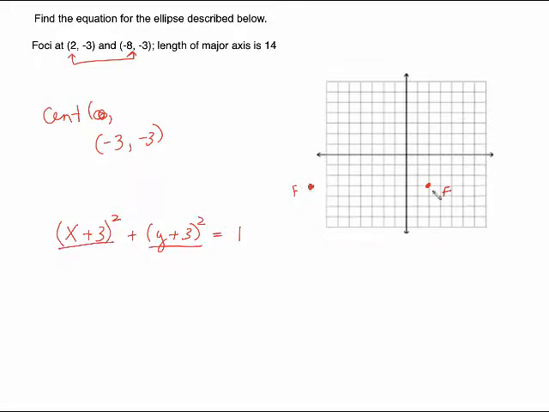Because the foci are on this horizontal axis, I know this is a horizontal ellipse. I also know that the center, let's put it on the graph here, is negative 3, negative 3. So the distance from the center out to the focus, I could just count 1, 2, 3, 4, 5. So c is 5.